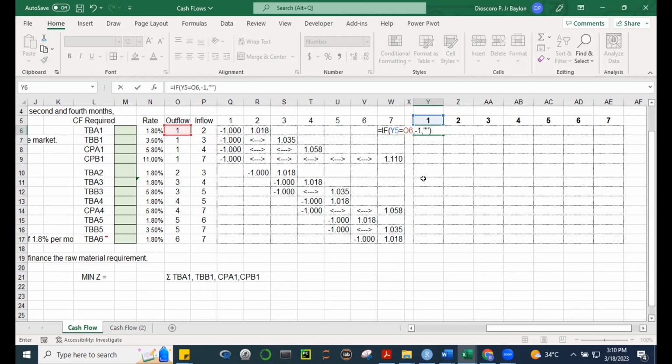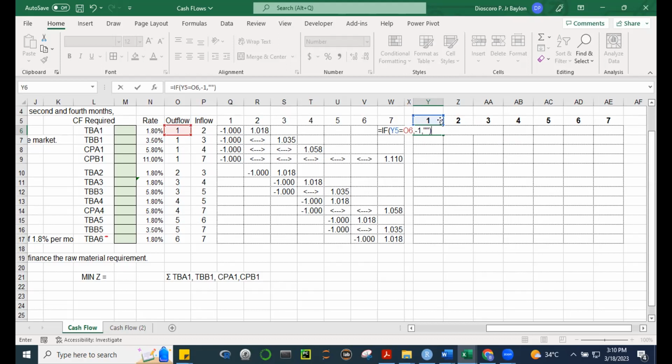Let's test this first. Now, we're going to copy the formula to all the cells. What we're checking here are these months. So your Y5, next time, should move to Z5, AA5, etc. It should not leave this row.